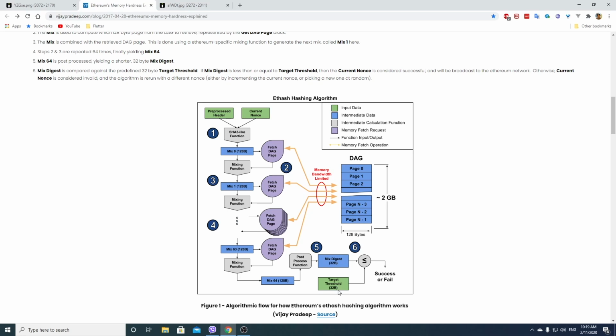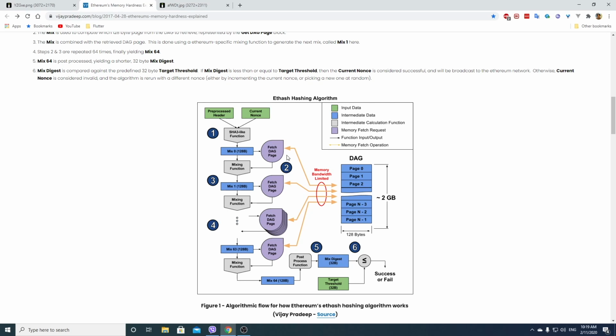Because it's lower than or greater than the difficulty threshold. But for the case of Ethereum, this Ethash algorithm, there's this whole part in the middle that involves looking at part of this large data set, right? And this is going to be picked in a non-predictable way, because you first hash something, and that first hashing gives you one index to look up.